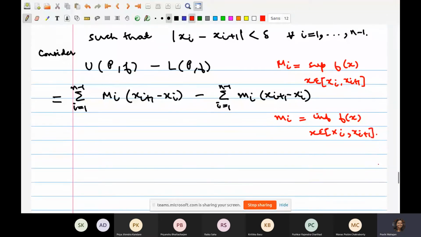Correct? Now I have to approximate this, so I'm going to write it in the following manner. This is the same as the sum of capital Mi minus little mi, times xi plus 1 minus xi. Is that correct?